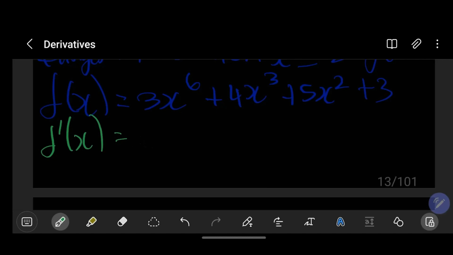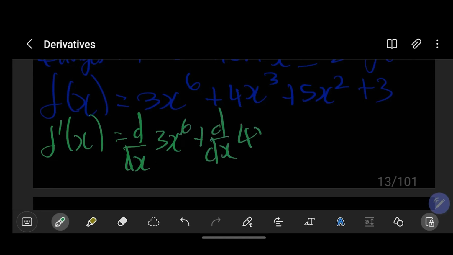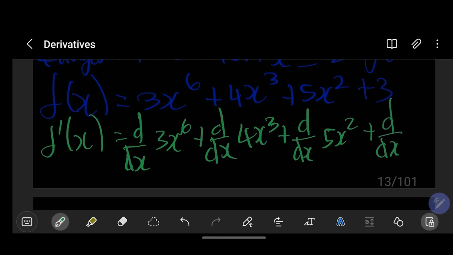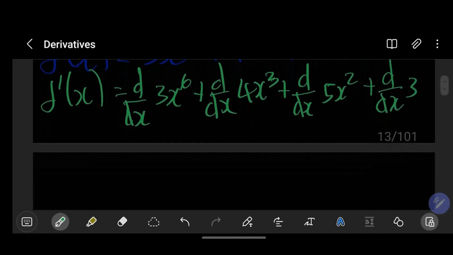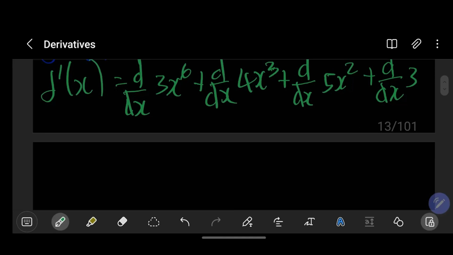we can use the addition and subtraction rule. So we have d dx of 3x to the 6 plus d dx of 4x cubed plus d dx of 5x squared plus d dx of 3. So we have it in a familiar rule right now. So I'm going to speed this up a bit. We're going to use the multiplication of a constant rule and the power rule.